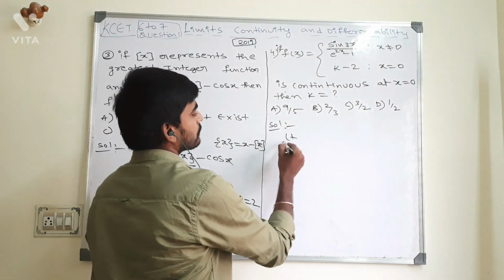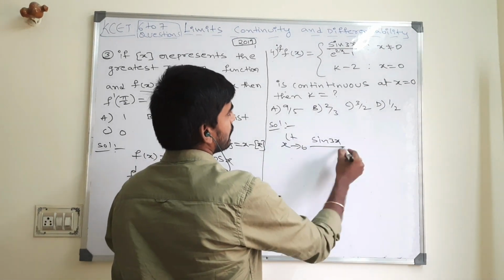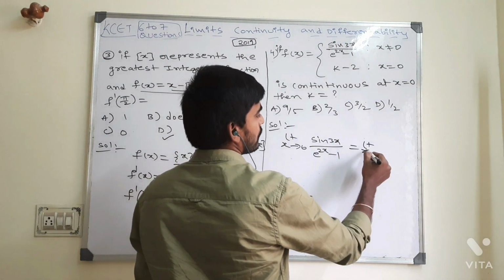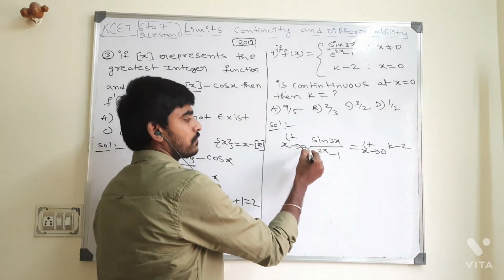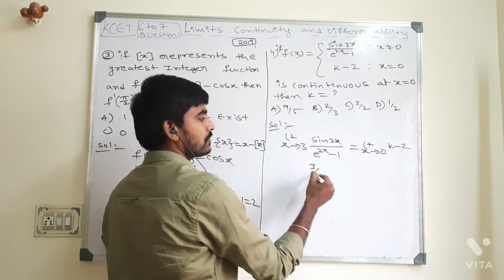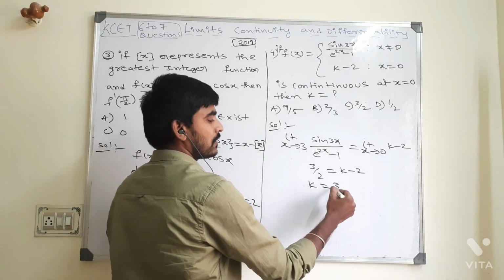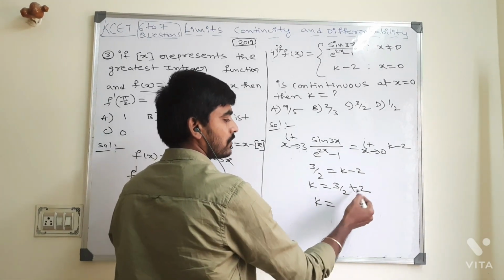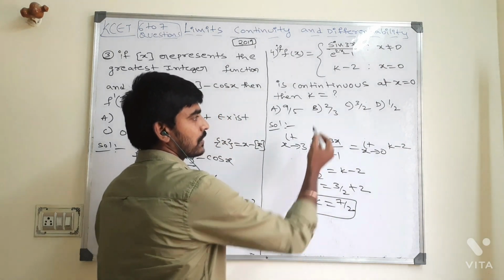So directly, limit x tends to 0 of sin 3x divided by e power 2x minus 1 is equal to limit x tends to 0 of k minus 2. From this, I would write directly 3 by 2 is equal to k minus 2. Minus 2, if you send it to the other side, plus 2. So k is equal to what then? 2 2s are 4, 4 plus 3, 7 by 2.